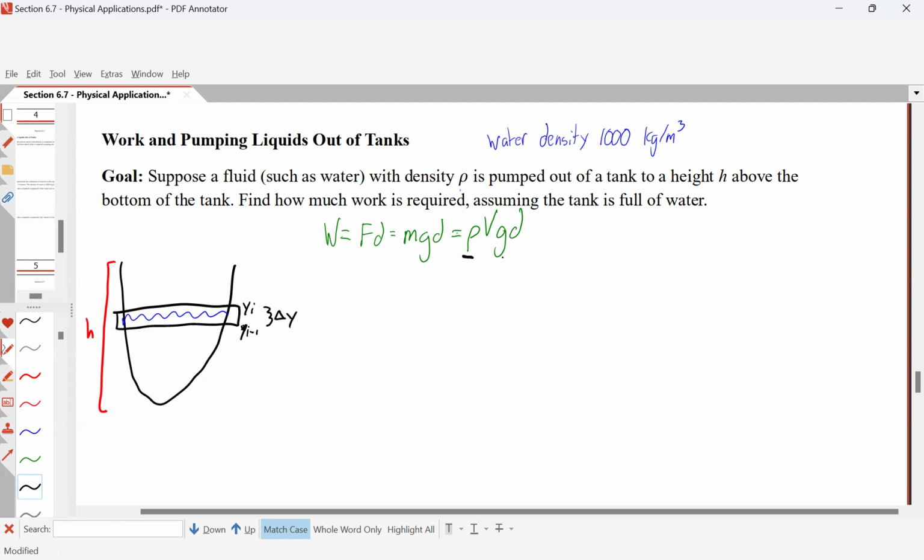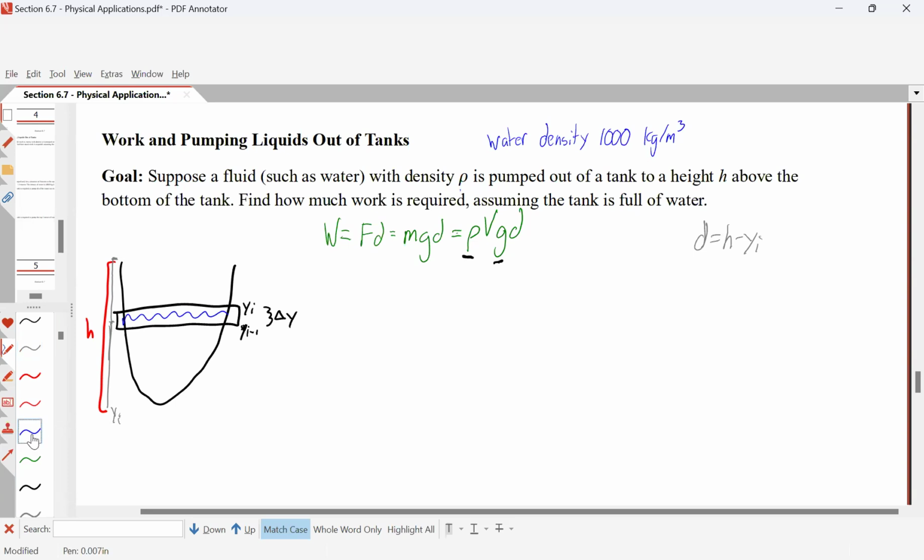So what we want to do is find this volume and find this distance traveled. The distance traveled, if we're looking at the water at layer yi, then the distance for the water to travel, if it has to get up to h to go out, is going to be h minus yi. How far does that layer of water need to travel?